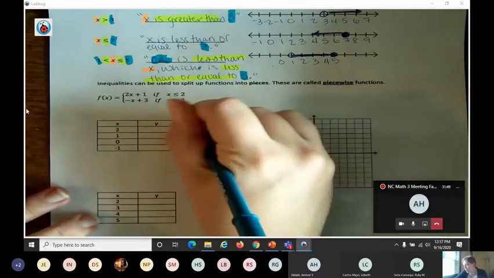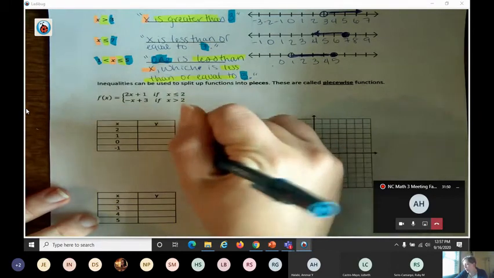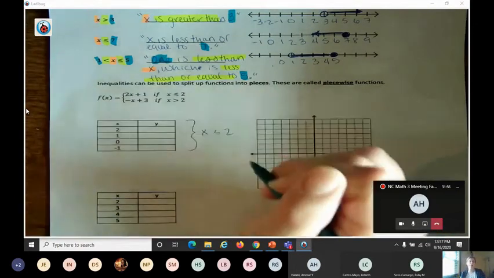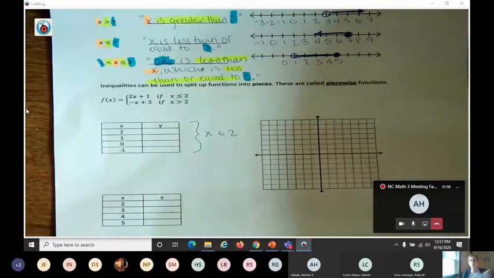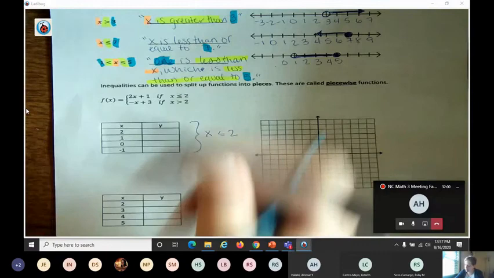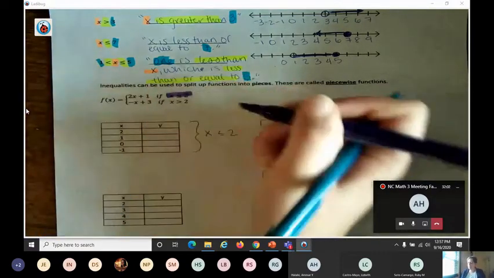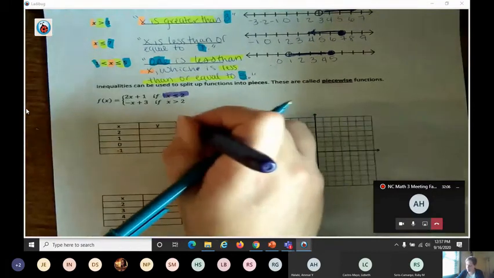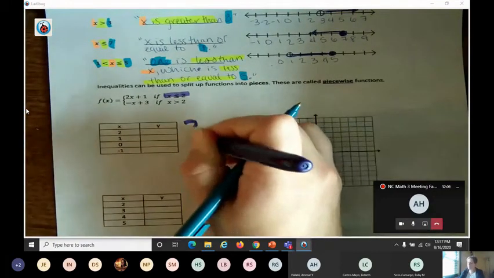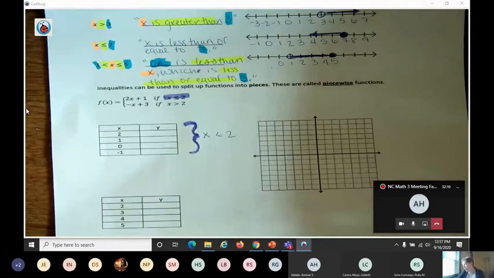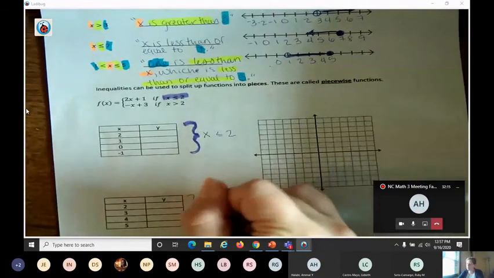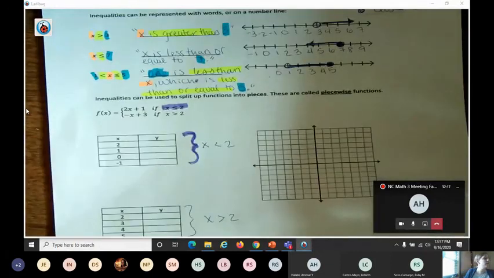So this table is going to be for when x is less than or equal to 2. This is our first inequality and function that we're given. And then the next one is going to be for when x is greater than 2. This whole box, or table, I guess.